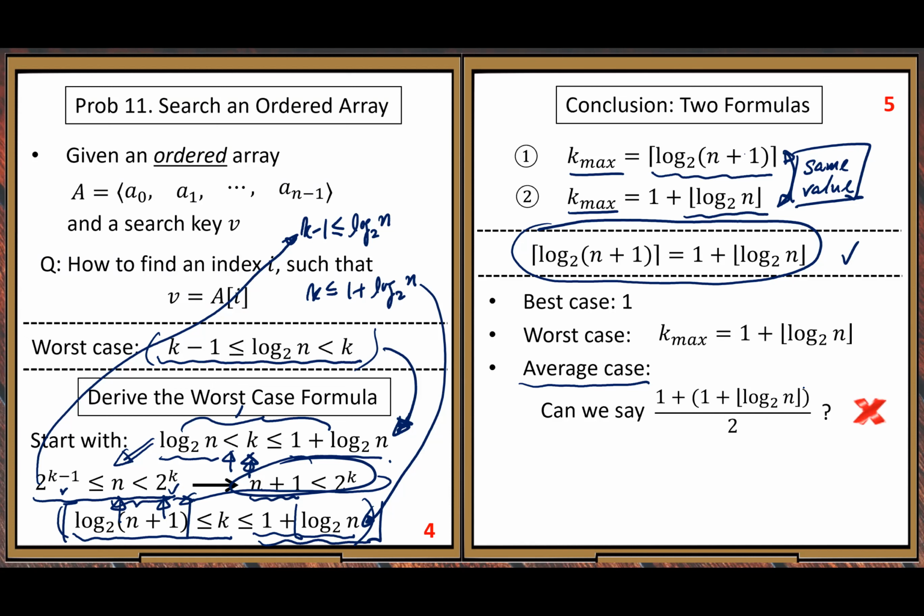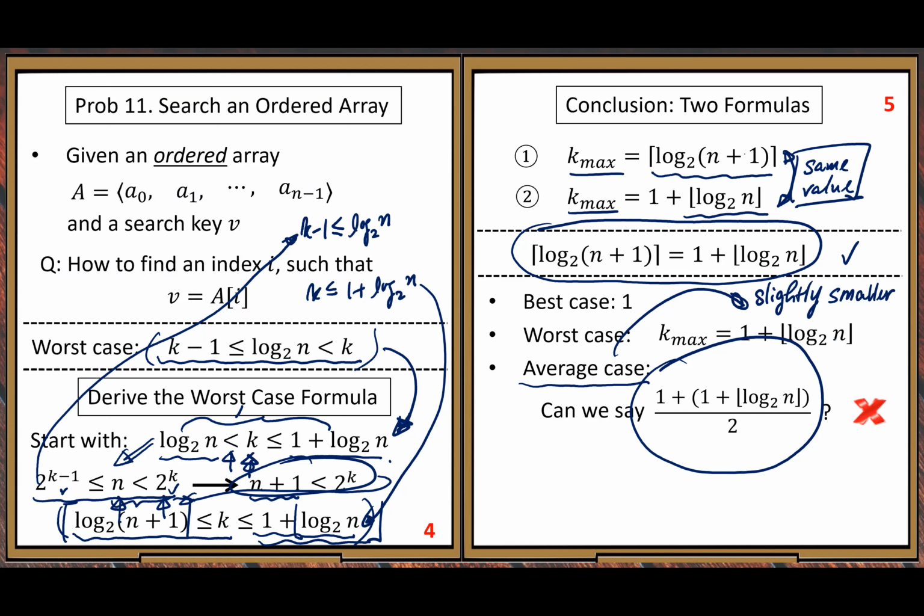If we do it this way, conceptually it's not correct. You may argue this expression is very close to the average case. Even if you make that argument, it is wrong. Actually, the average case is slightly smaller than the worst case.